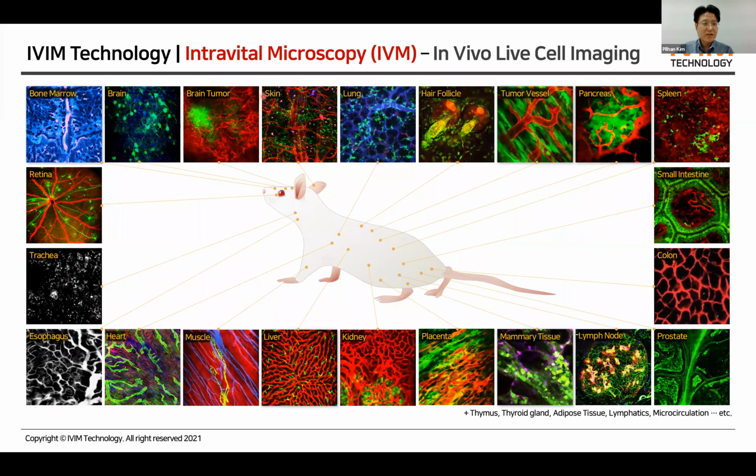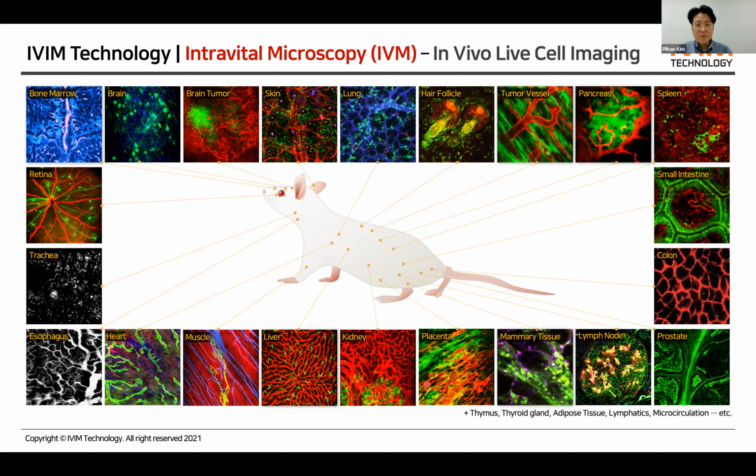Anyway, IVIM Technology's intravital microscopy has succeeded in very high quality in vivo live cell imaging in various tissues and organs of a mouse model. As you can see in this slide, it includes bone marrow, brain tumor, and of course skin, lung, and hair follicle in the skin, tumor vessel, pancreas, spleen, GI tract, prostate, various lymph nodes, mammary tissue, placenta of the pregnant mouse, kidney, liver, skeletal muscle, heart, trachea, esophagus, and the retina as well.